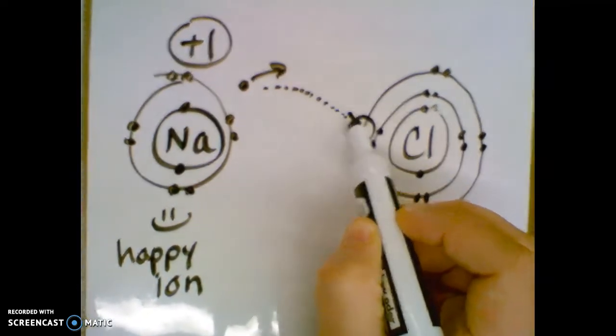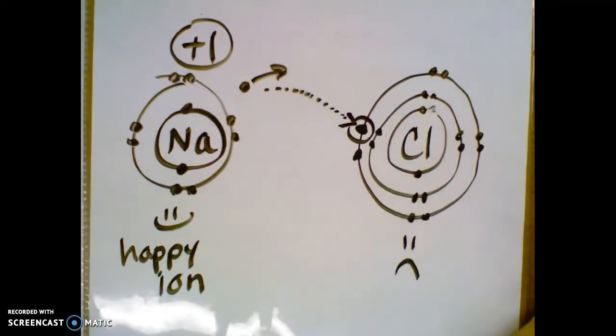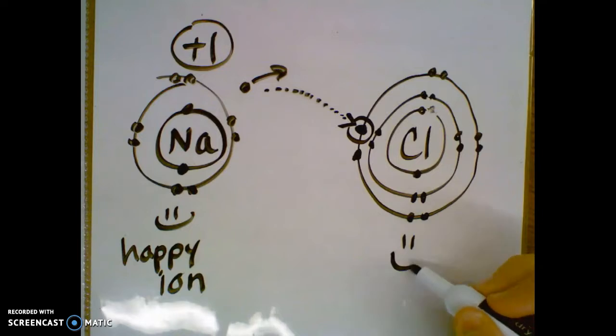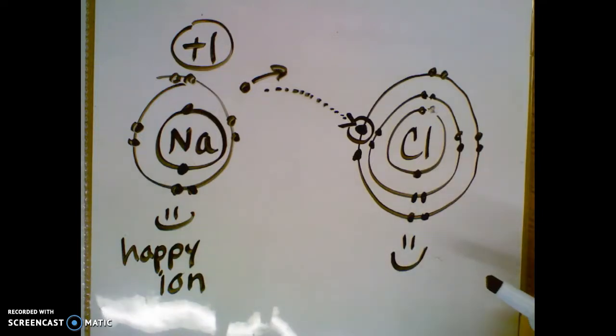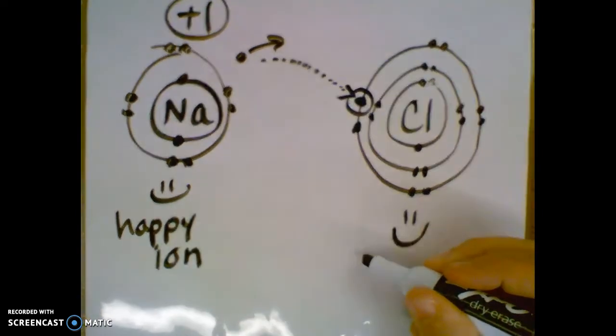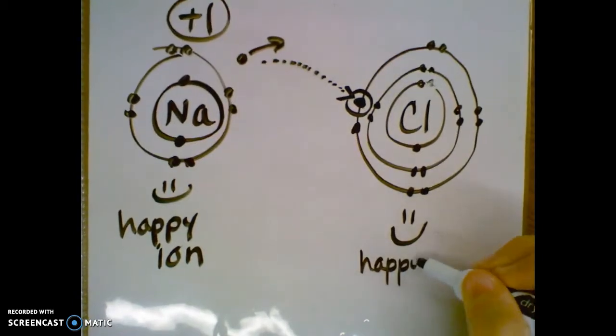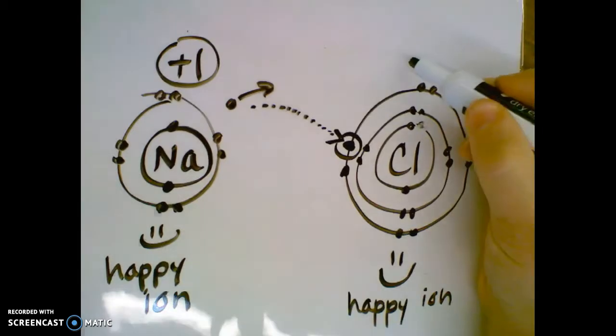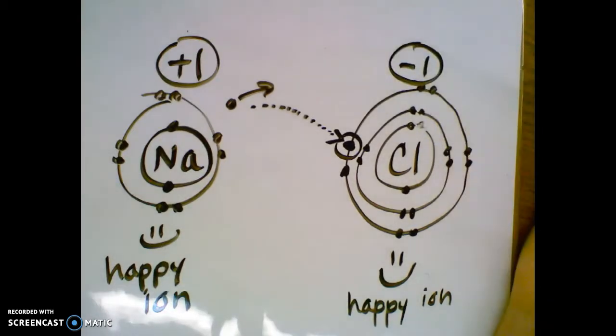So sodium is happy to donate its outer electron and give it to chlorine. That makes chlorine happy because now it has 8 as well. And it also now has a charge too. It has a -1 charge.